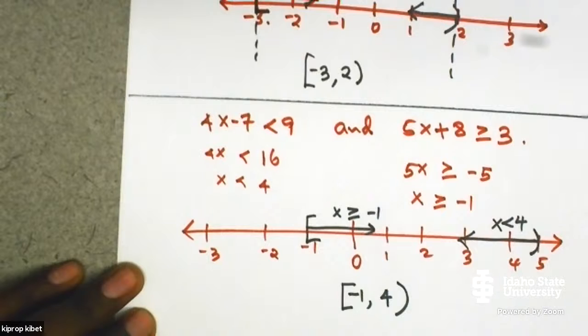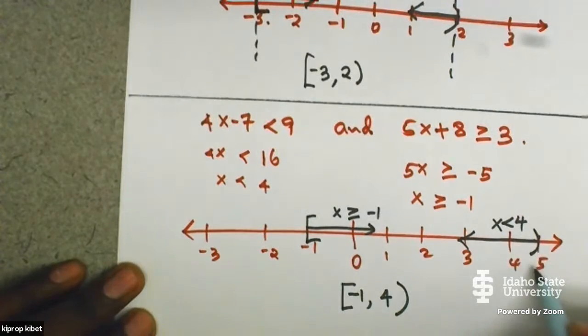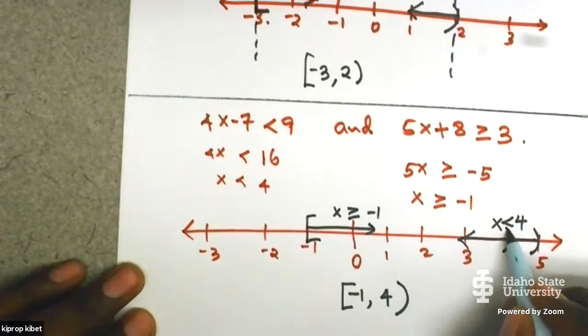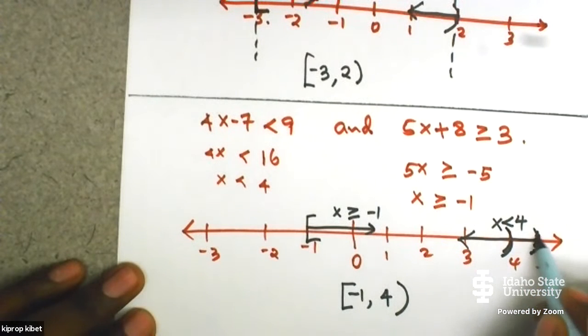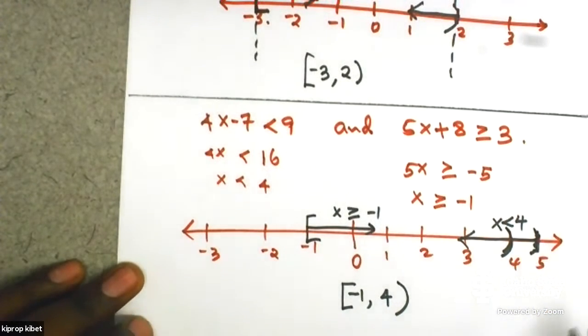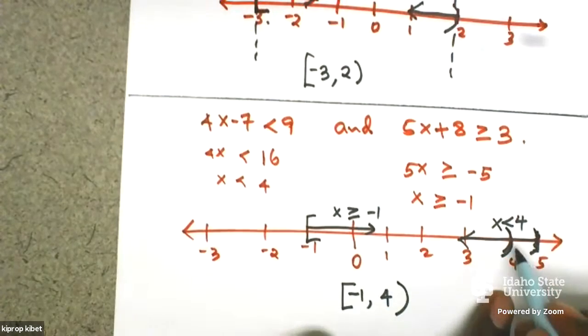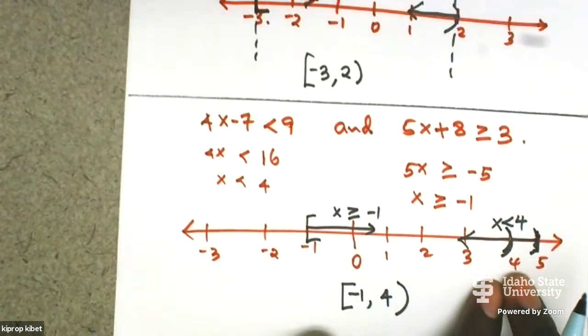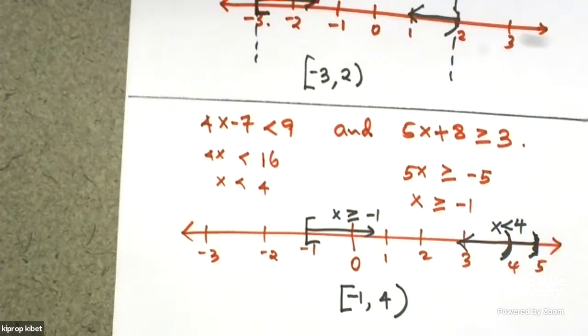X is less than 5 is what you have on the number line. Okay. Should be here. I'm so tired. I had another class. Yeah. So this should be that way. Sorry about that. Yeah. Good.